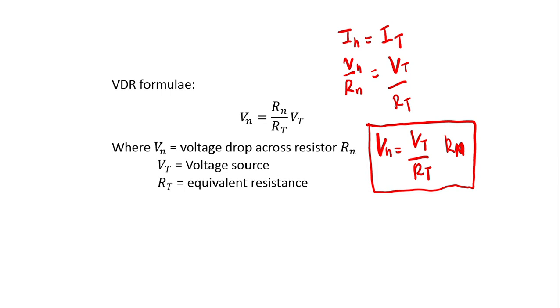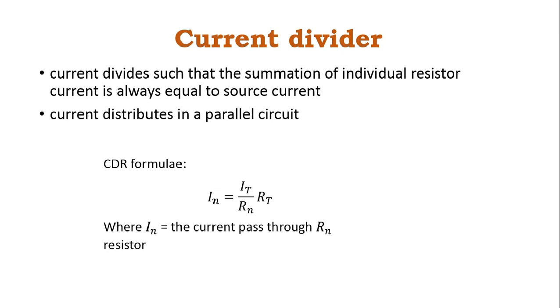So next adalah current divider. Current divider is such that the summation of individual resistor currents is always equal to the source current. So current distributes in parallel circuit. Kalau parallel circuit, maksudnya currentnya adalah berbeza. So kalau in series, currentnya adalah sama.